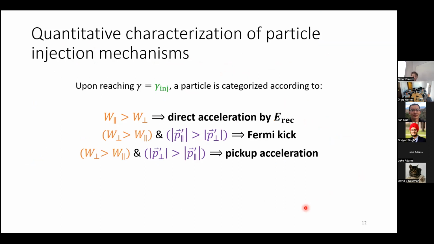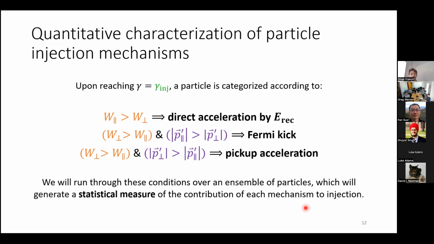So to be specific, upon reaching gamma equals gamma injection, a particle is categorized according to whichever of the following conditions happens to be true at that instantaneous moment. Now, we should recognize that multiple injection mechanisms can work together towards injecting a particle.